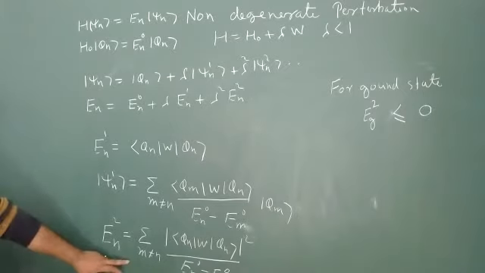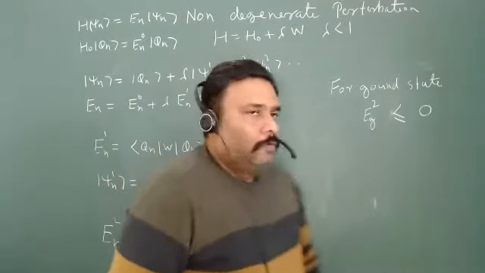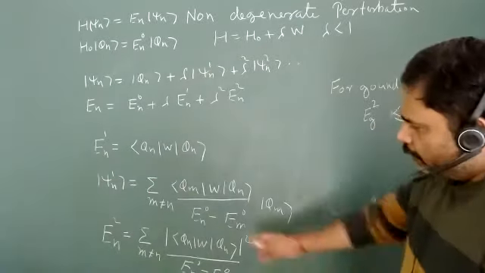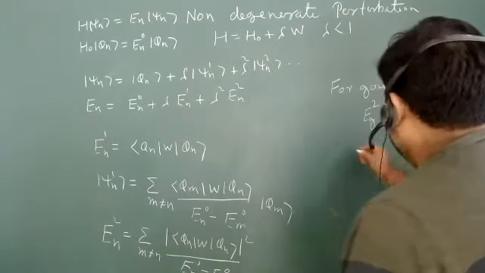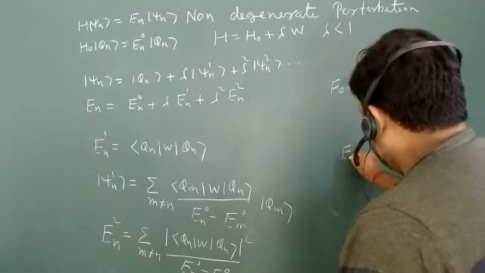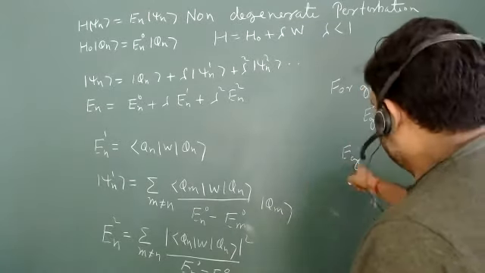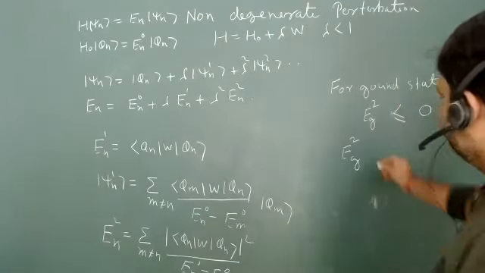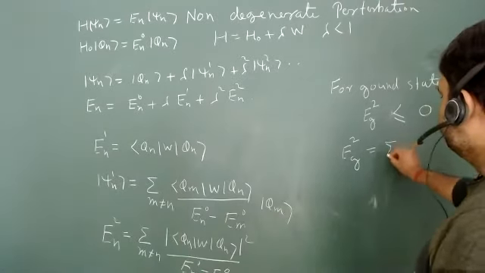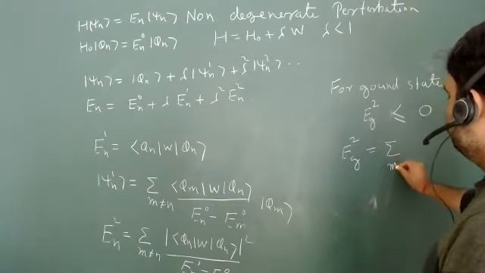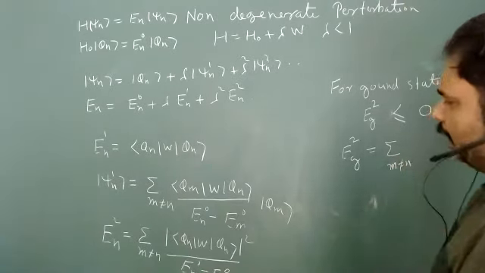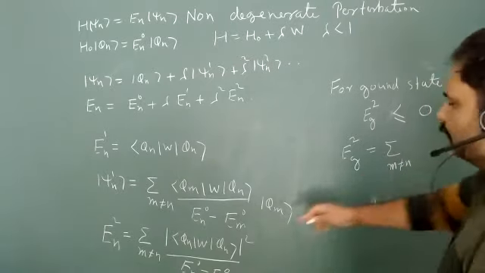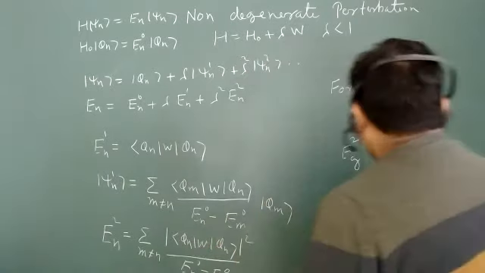Look at this very carefully. If you look at it carefully, what is your observation? Your observation is, for the ground state, n equal to ground state for any system, for the second order term, this value is a summation over m not equal to n, and this number is a positive number, isn't it?